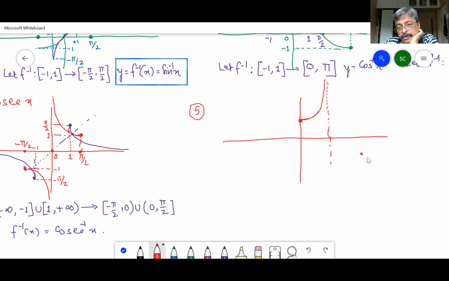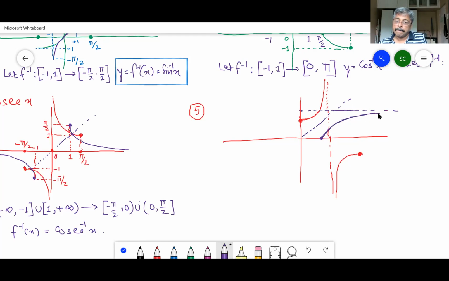Sec was like this. If we want to take a reflection, y is equal to x, this becomes 1. It goes like this. This is pi by 2. Right? And then this fellow will go here.